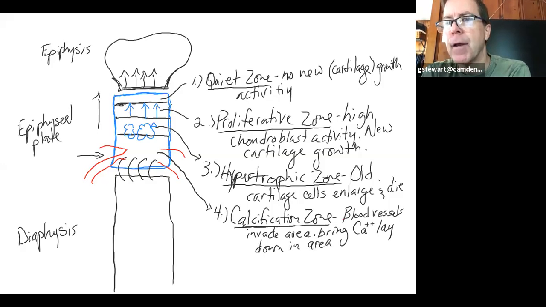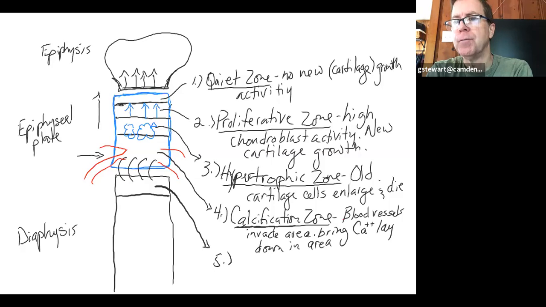Finally, the last area, number 5, is not in the growth plate itself. It's in the diaphysis of the bone. And that's the ossification zone. So in the ossification zone, that word you know now, it means the formation of new bone tissue.